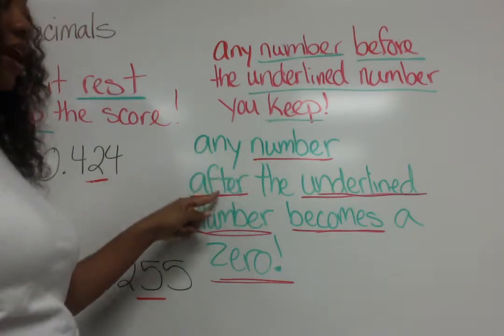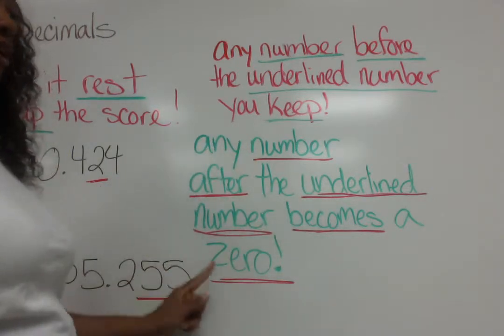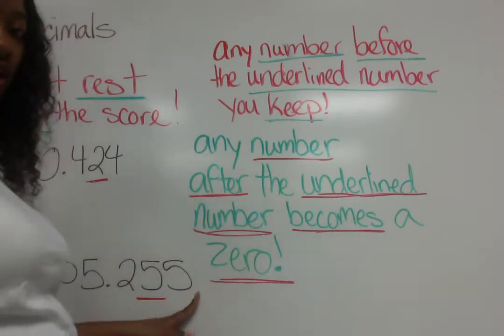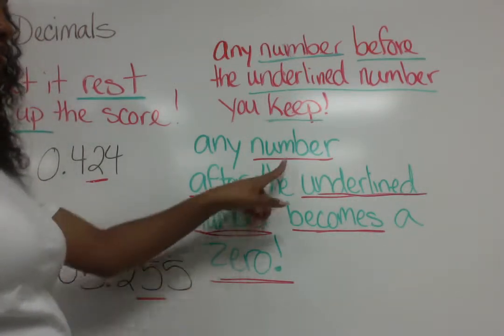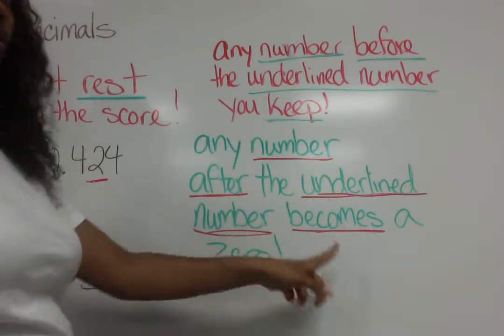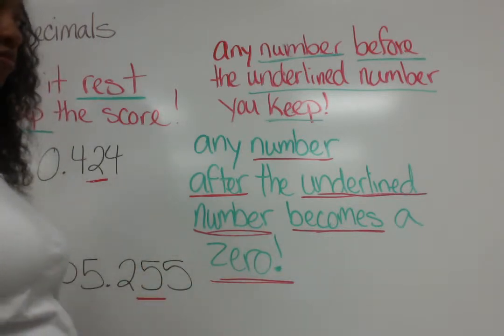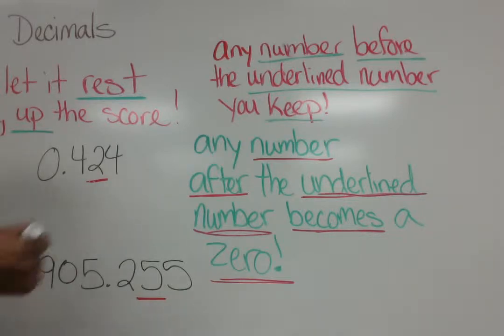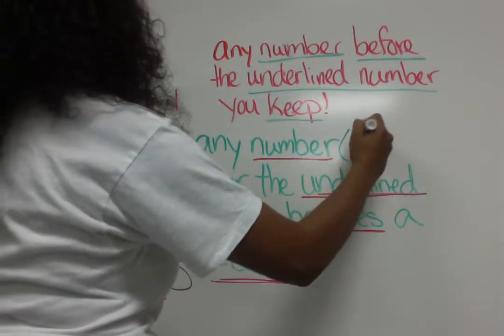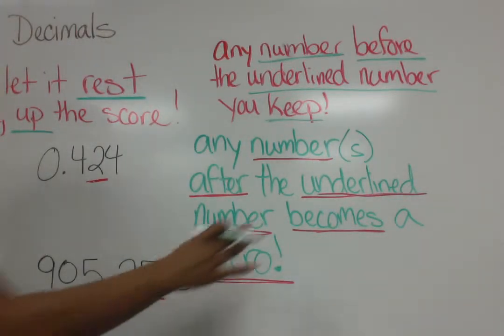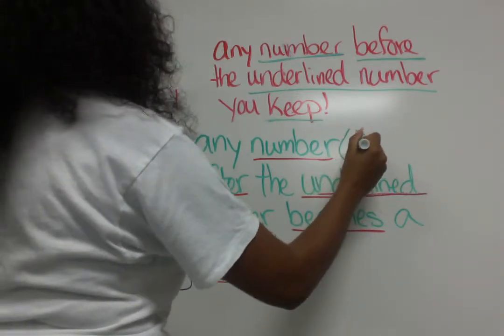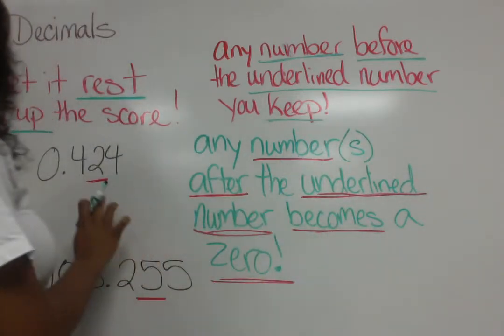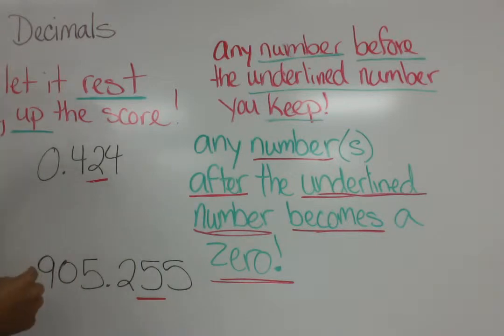Any number after the underlined number becomes a 0. So numbers after underlined number become 0. And with both of these, I can put an S, because there can be more than one number after the underlined number.